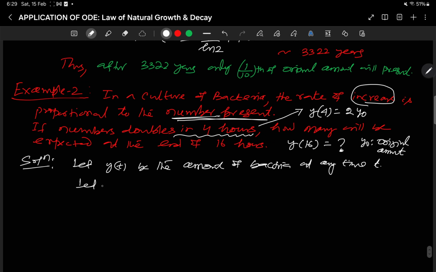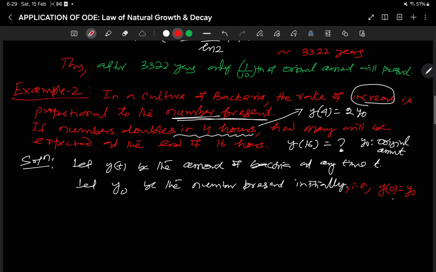Let y0 be the number present initially. What does it mean? Means here y of 0 is y0. So this is a condition 1. Right?